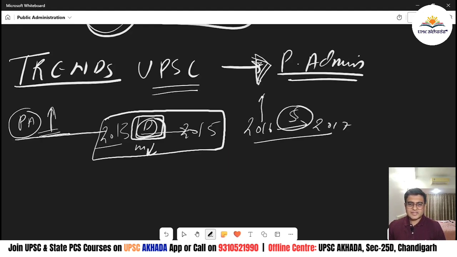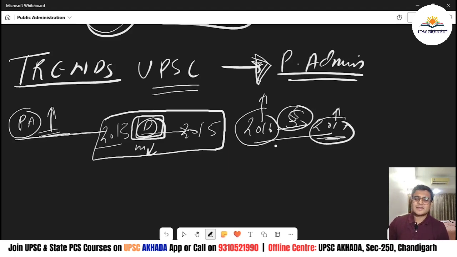Here marks increased substantially, but despite the simple paper, people did not get much higher marks as compared to 2016. So this was a simple trend, but here too marks did not increase. See, marks decrease is relative, relative to other optionals as well.